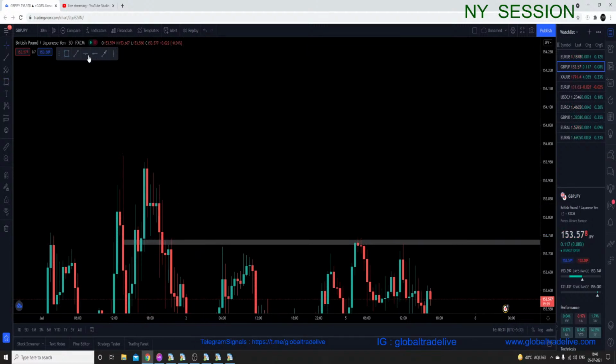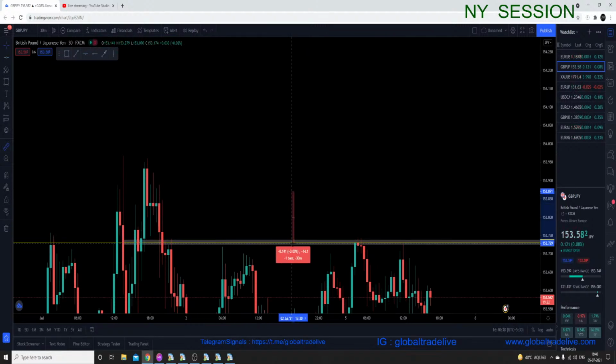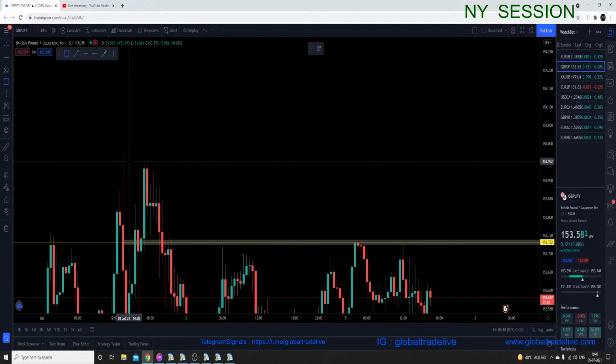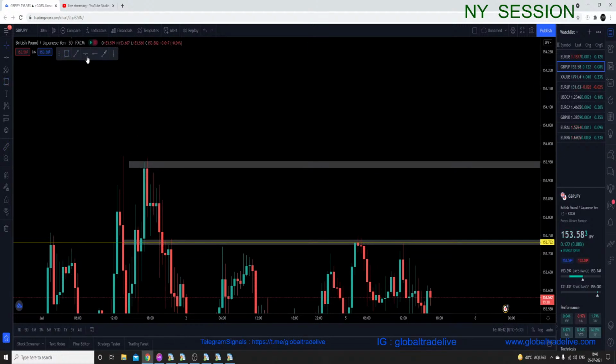Okay, so this is the area here, and above this level we can execute buys, as the range is 14 pips here, and the market can potentially go up to this level.